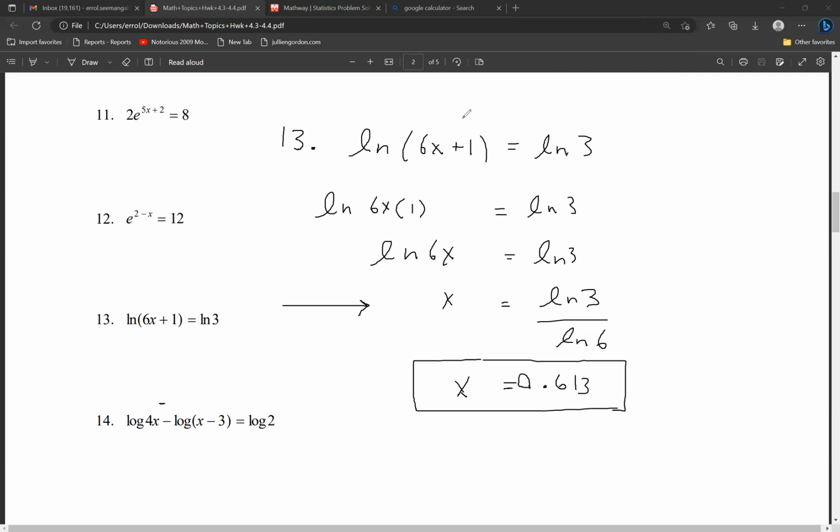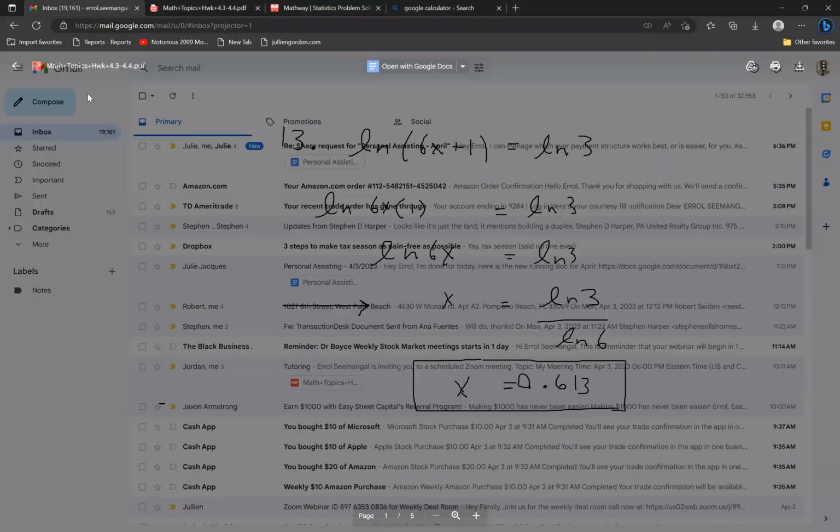We are going to multiply the 6x and 1, which we did. Then we're going to divide both sides by ln 6. Let me check your notes from the other day.